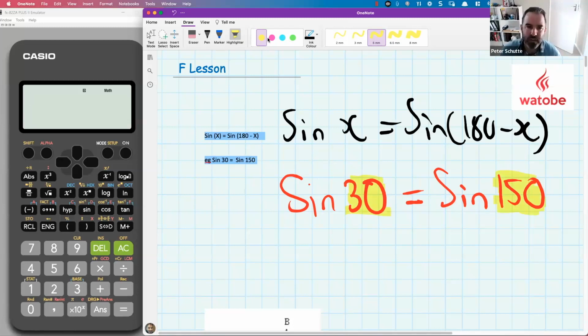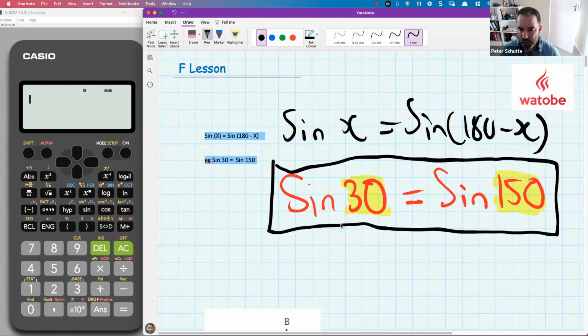So one of the things we have to watch out for when we use the sine rule is that sometimes there are two answers to a question. I didn't cover this in the last lesson because I thought it would be a little bit too much too soon. But because of the sine of 150, it is sometimes possible to get two answers when using the sine rule.